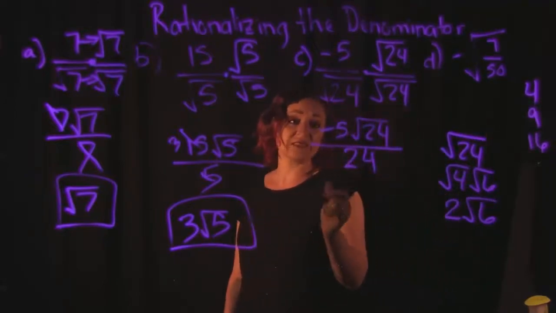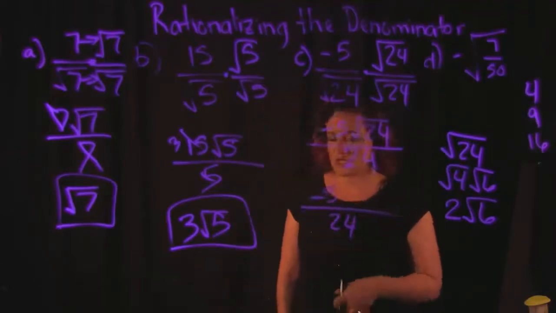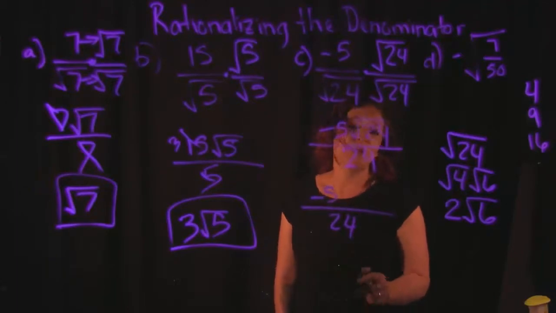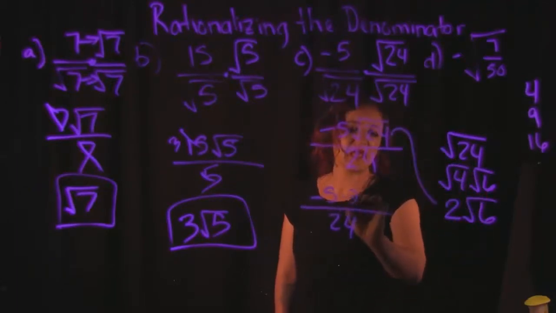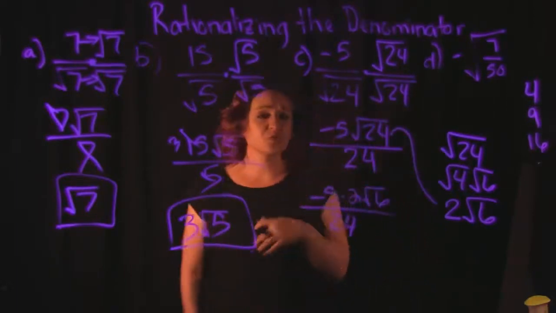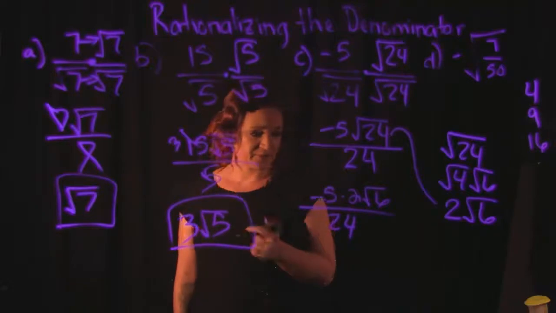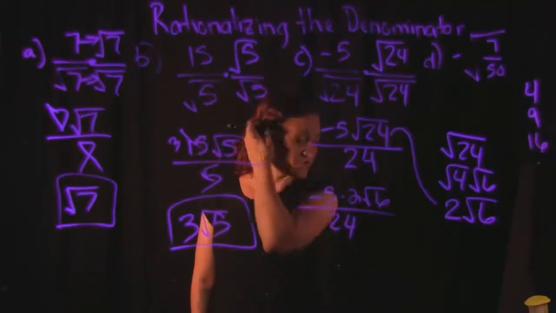So I'm going to drop down the negative 5 and the 24 because we didn't do anything with that. But now we've said that the square root of 24 is the same thing as 2 times the square root of 6. This is what we got when we simplified it. So that means that we need to continue simplifying here.